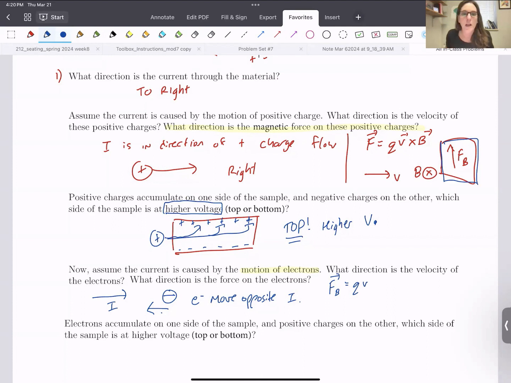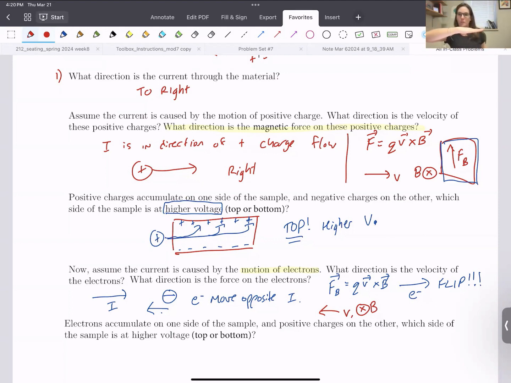And so I'm going to then have over here, if we look to see what happens, my velocity is now to the left. My magnetic field is still into the page, right? And so I take my right hand and point it so my fingers go now to my left. I am going to orient my palm so that it faces down because the magnetic field's still down.